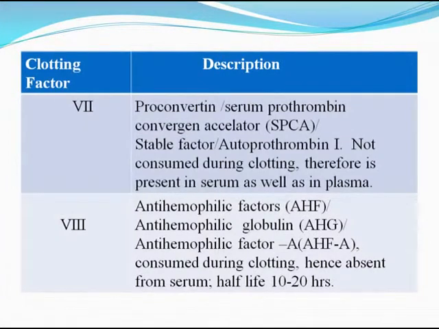Seventh is a coagulation factor formed in the liver under the influence of vitamin K. This factor is not consumed during clotting, therefore it is present in serum as well as in plasma. The eighth is also a coagulation factor whose absence is associated with hemophilia.